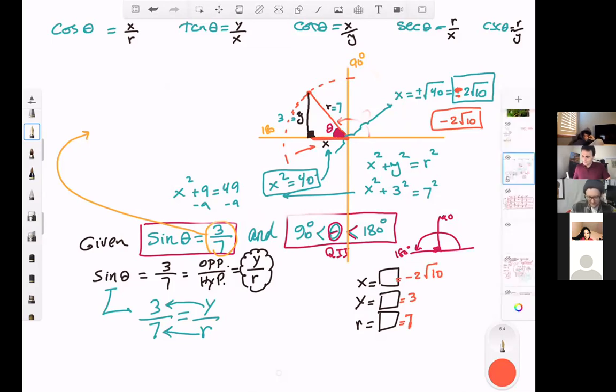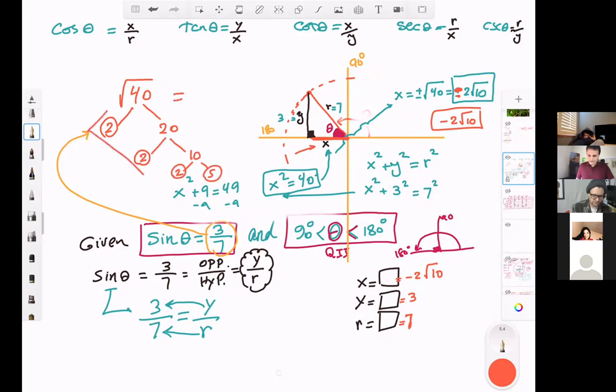For people who don't know how to simplify radical 40: radical 40 is not prime and is not a perfect square. If we divide it by 2, you get 20. 2 is prime. 20 is not prime, so you can find two numbers that multiply to 20, which is 2 times 10. 10 is not prime, it's 2 times 5. 2 is prime, 5 is prime.